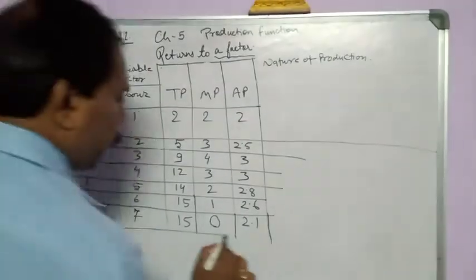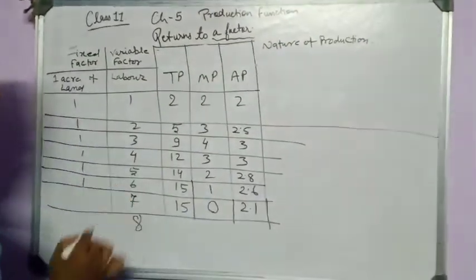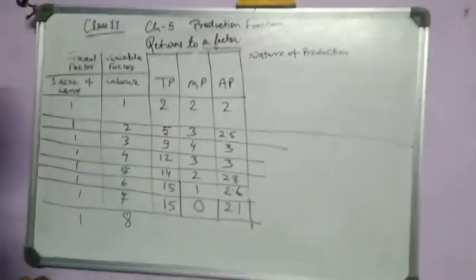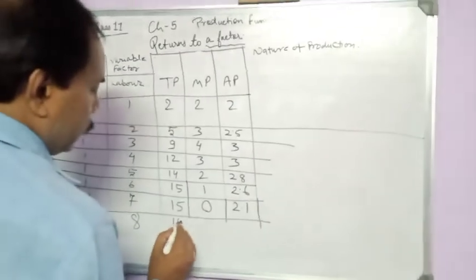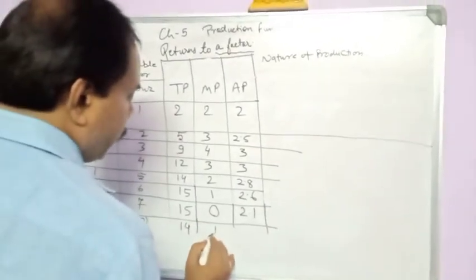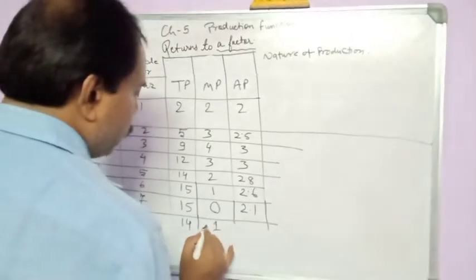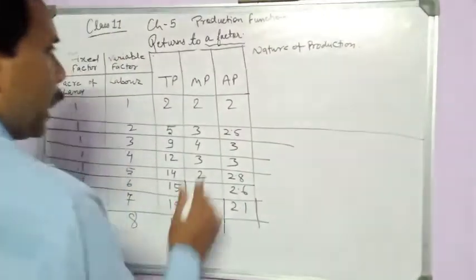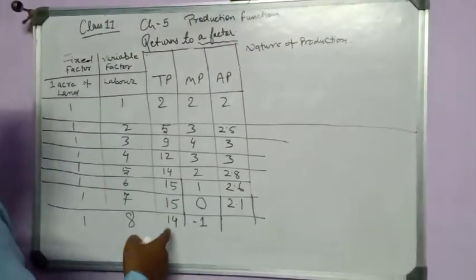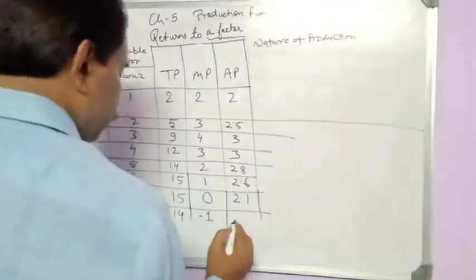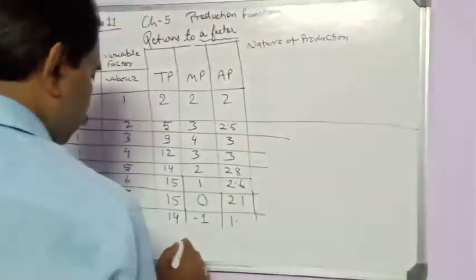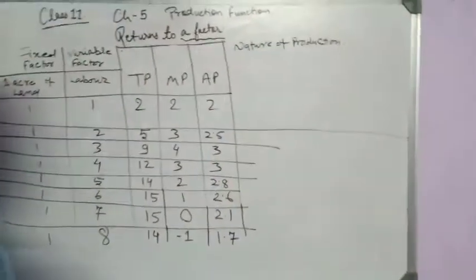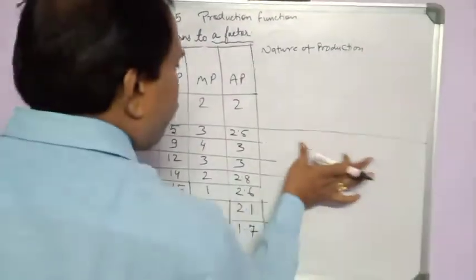Now suppose again we apply the eighth labor on the same piece of land, that is the 1 acre, our total production decreases, so marginal production will become -1 and the average production will become 1.7. So what do you find here?